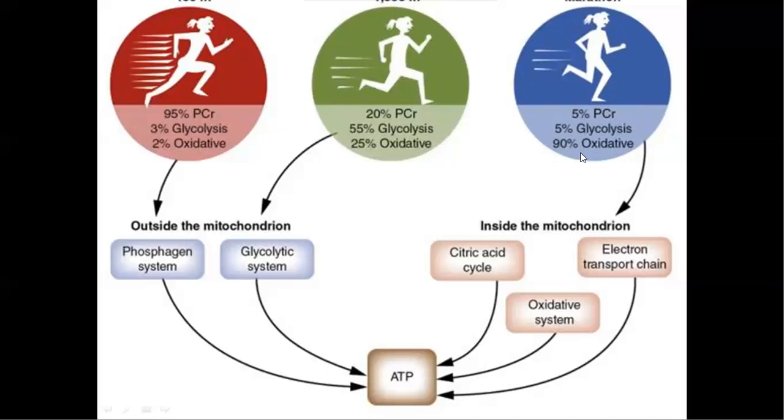That's why the energy is sustained for 4 to 5 hours by this oxidative system. That's why marathon runners train for 4 to 5 hours, and they take proteins and fats compared to carbohydrates. That's why they activate the oxidative system. This is the main reason for getting the energy source for marathon runners.